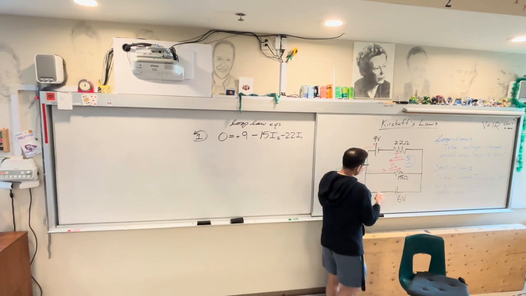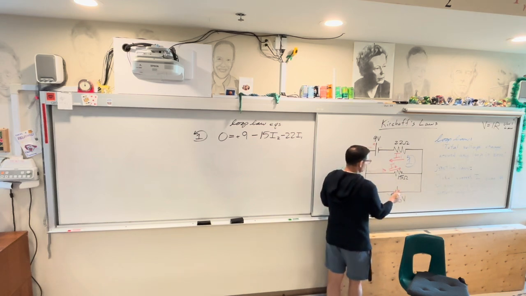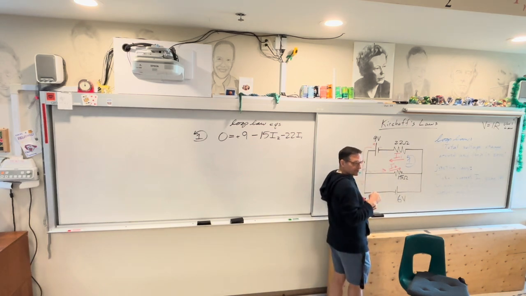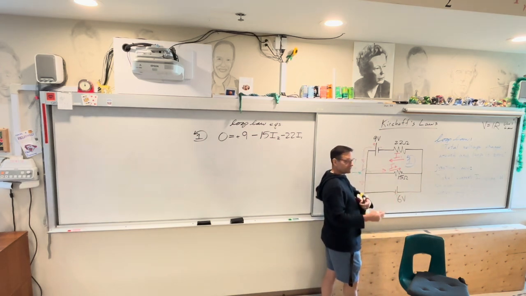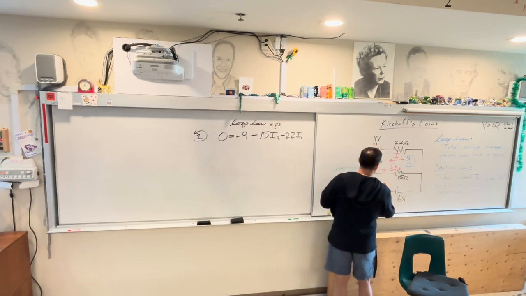Okay, so if there's just one cell in the loop, usually I just go with that cell, but you don't have to. If you went the other way and your cell was pushing against the loop, you would just have to turn that negative. Okay, so let's do it like this.